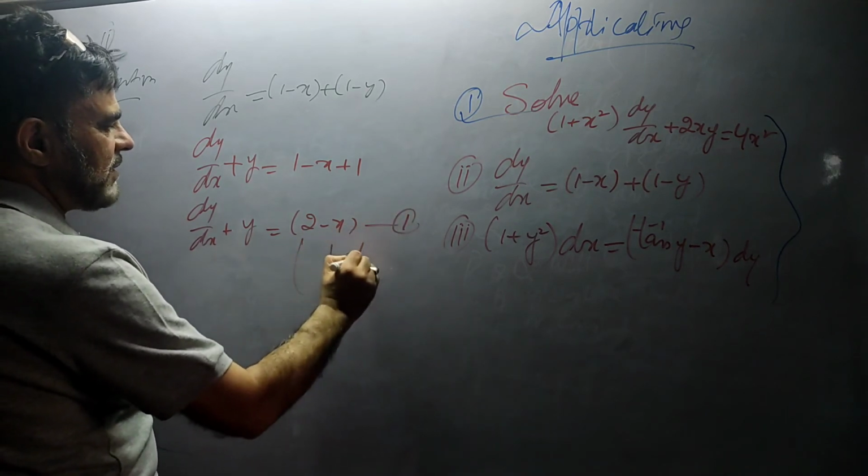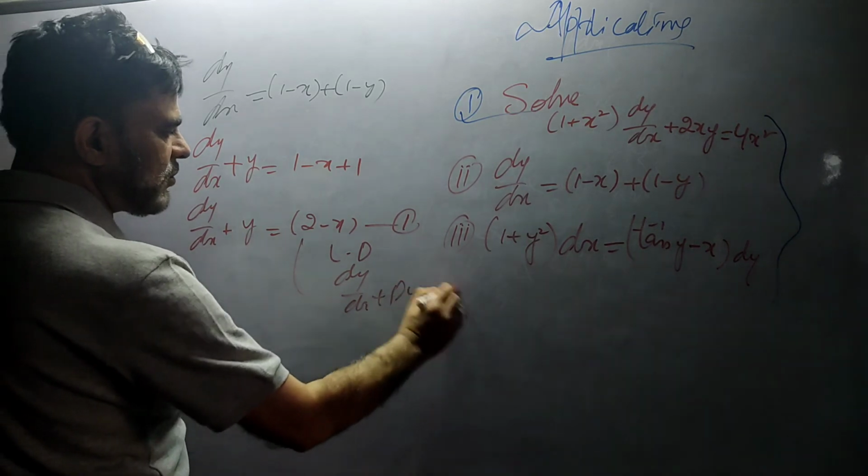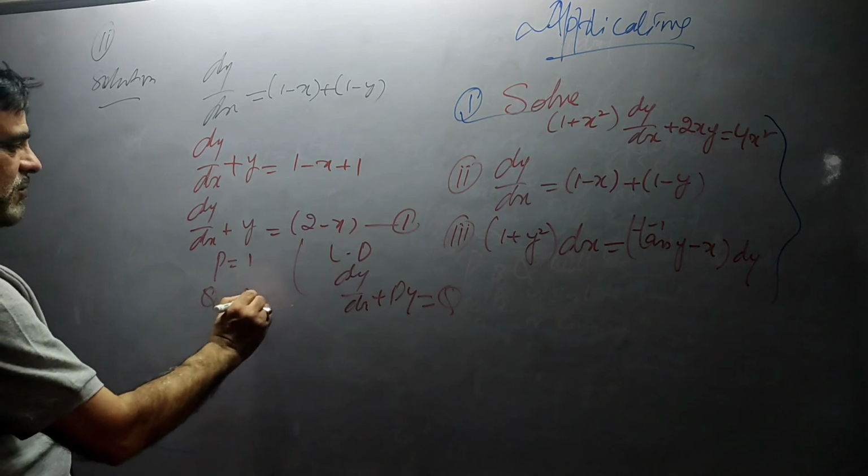This is the linear differential equation of the form dy by dx plus py is equal to q. What is your p here? Coefficient of y, that is 1. What is your q? It is 2 minus x.